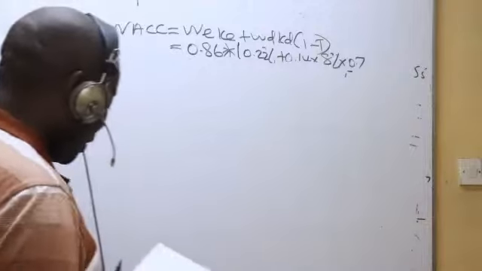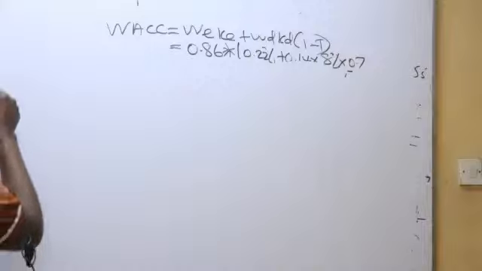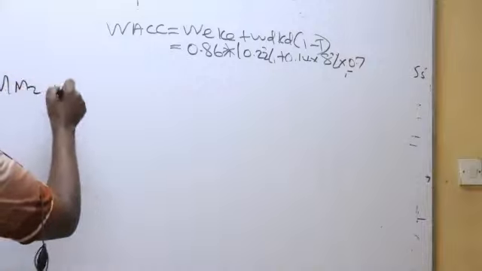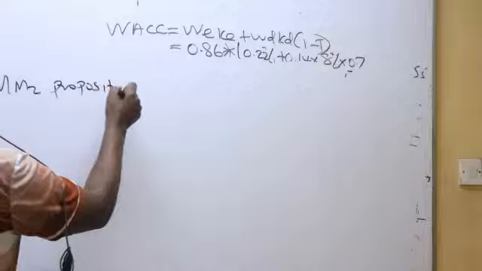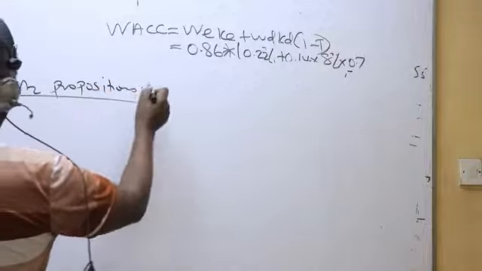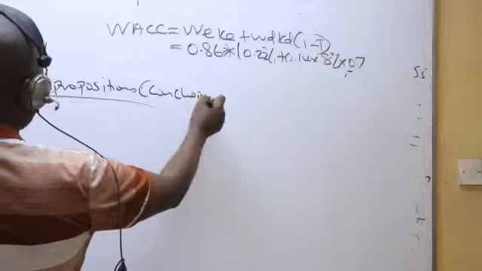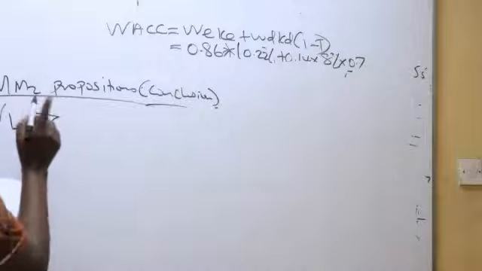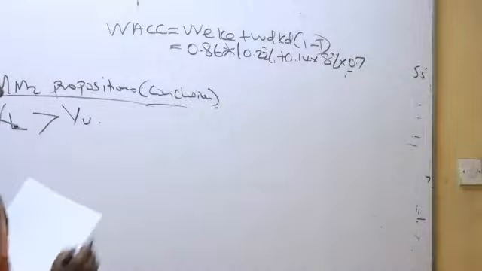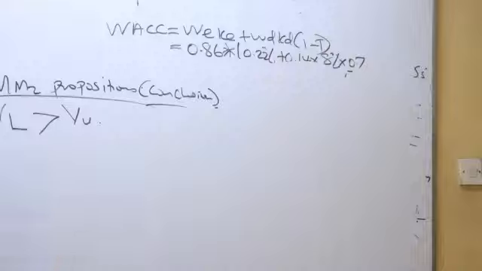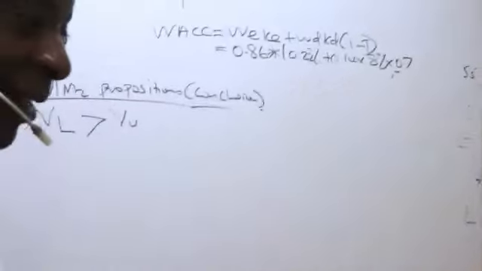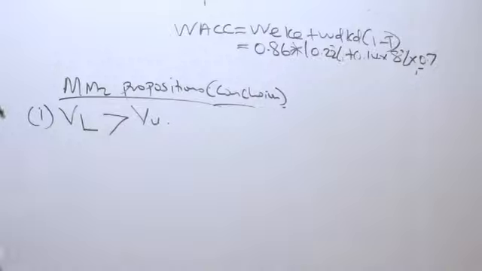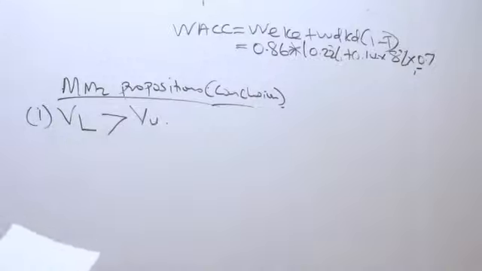Now there are things that I would want you to go to your exam knowing. This proposition of MM2, very important. The conclusions here, of course with tax, were, number one, that value of a levered firm will always be more than value of an unlevered firm.